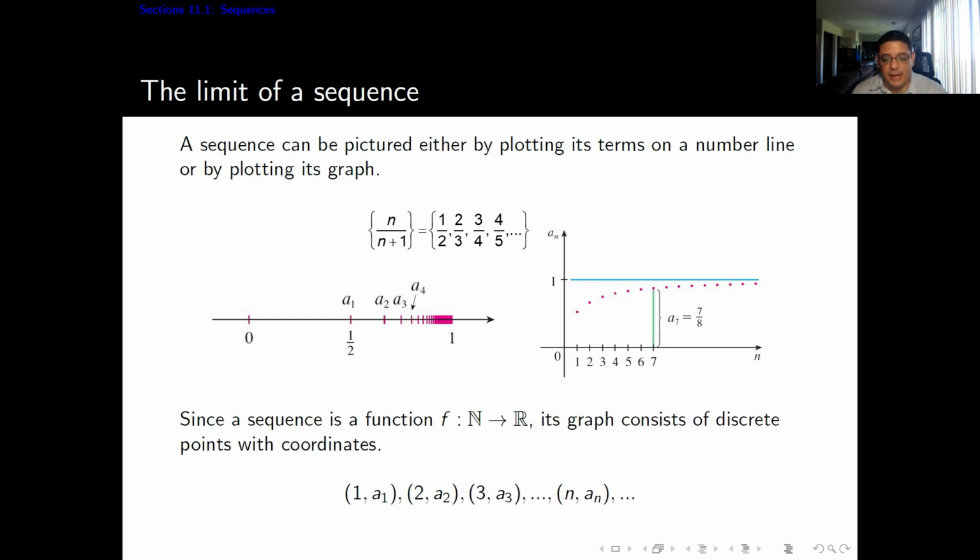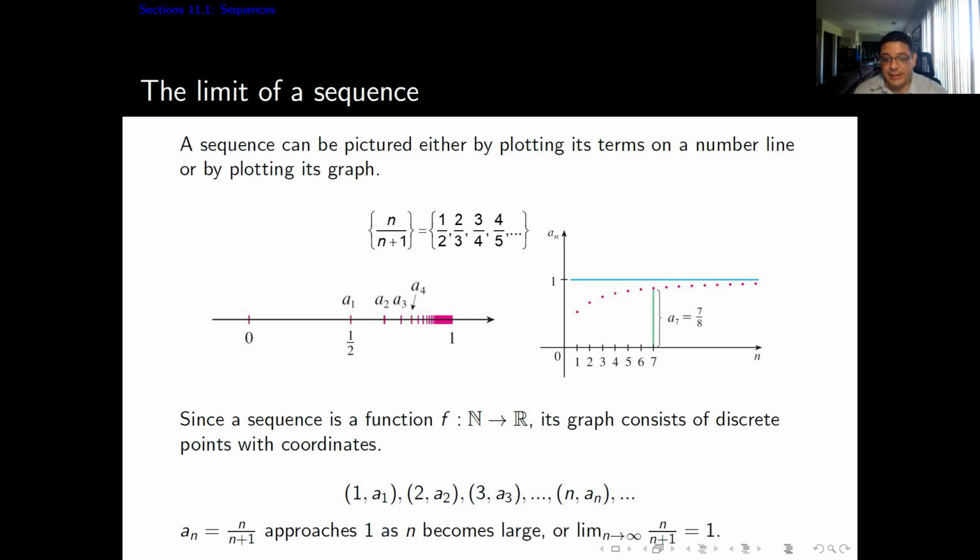And so this is the representation. In general, if we see this as a function, then it's going to consist of discrete points and coordinates, where we have the pairs (1, a1), (2, a2), (3, a3), and (n, a_n). Be careful not to confuse this with a real continuous function. This is not joined. This is just point after point after point.